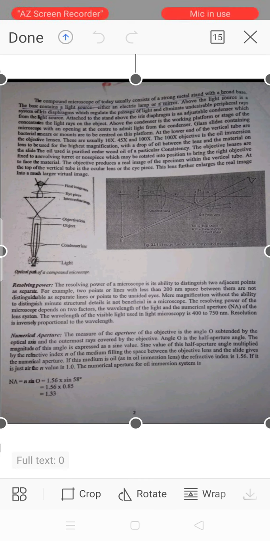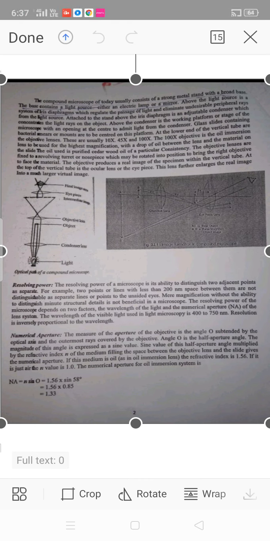Resolution is inversely proportional to the wavelength. Numerical aperture. The measure of the aperture of the objective is an angle theta subtended by the optical axis and the outermost rays covered by the objective. Angle theta is the half aperture angle.